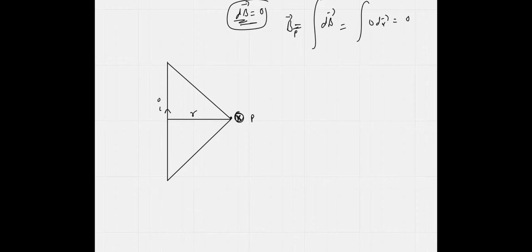Assume that the angle subtended on this side is theta 1. Some books put theta 1 here, theta 2 here, so accordingly you have to remember, don't get confused. Here it is theta 2.